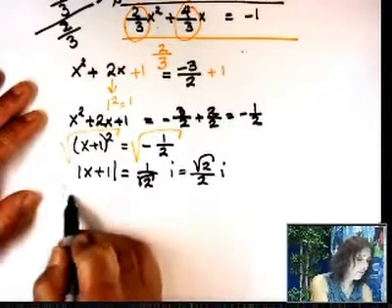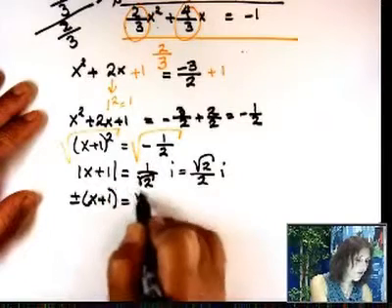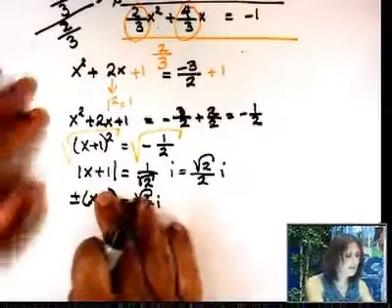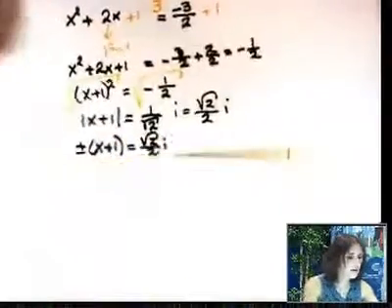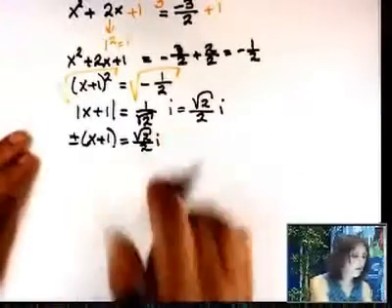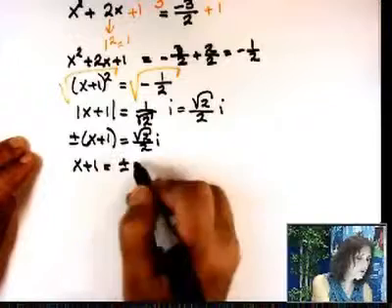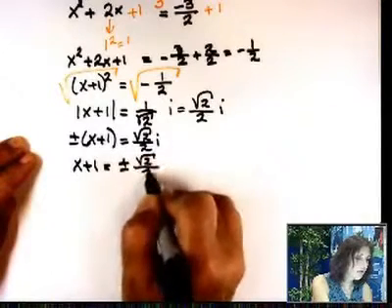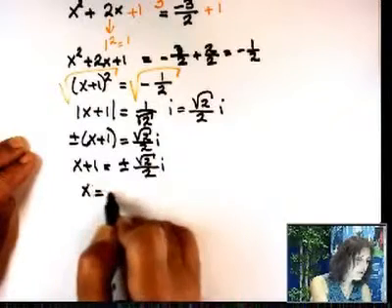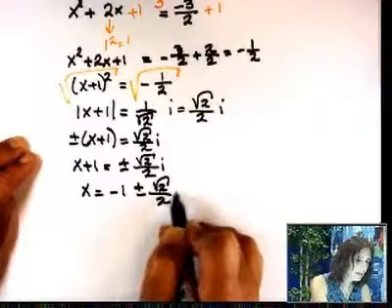You're going to end up with plus minus rad 2 over 2 i. Move the plus minus to the other side. x plus 1 equals plus minus rad 2 over 2 i. Move the 1 to the other side. x equals -1 plus minus rad 2 over 2 i.